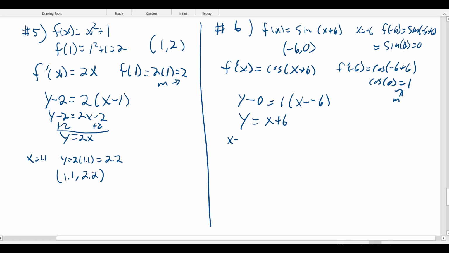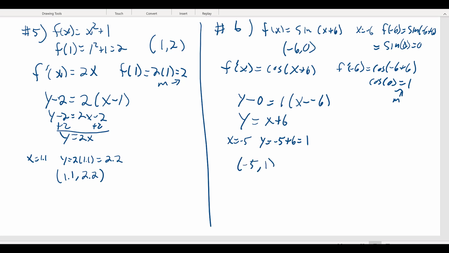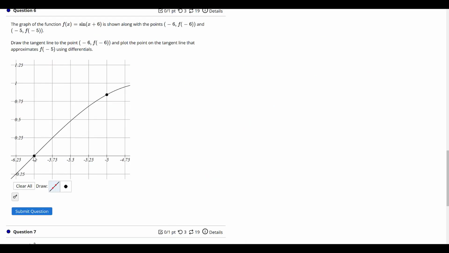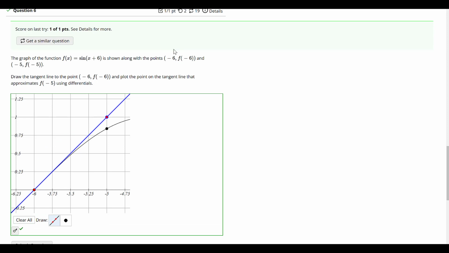If x equals negative 5, y equals negative 5 plus 6, which is 1. So negative 5 corresponds to 1. Going back to our graph, we have that point, and we know the line goes through (-5, 1). Then it wants us to plot this point as well. And then we can see if it's right or wrong. And it's right. Okay, yay, it worked out. Hope that helps.